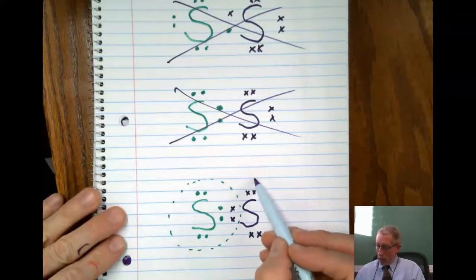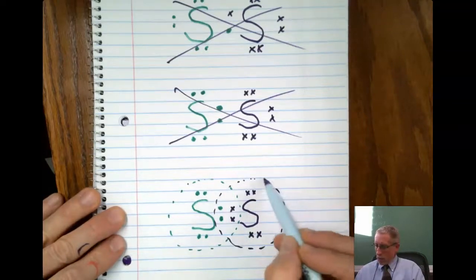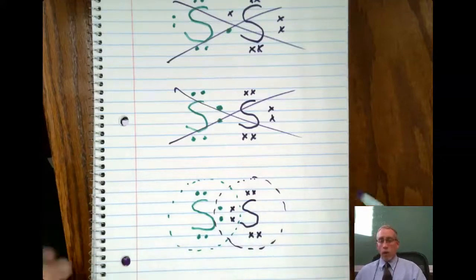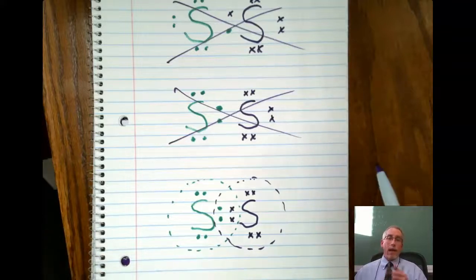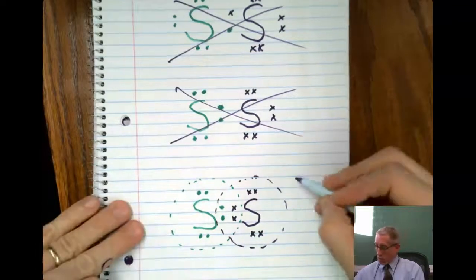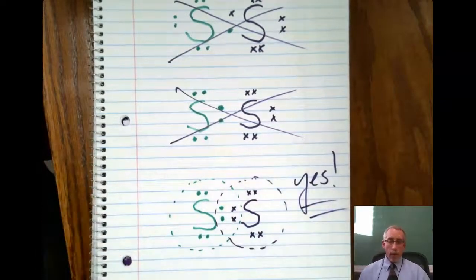The sulfur here gets to also count those in between as being shared. So these 4 are really claimed by both of the atoms, plus 4 of its own. So now we have 8 around each. We got the right number, 12, and we've got 8 around each, so that's the right number being shared, and so we've got a correct diagram. So we would say, yes, that is a correct diagram for that, okay?